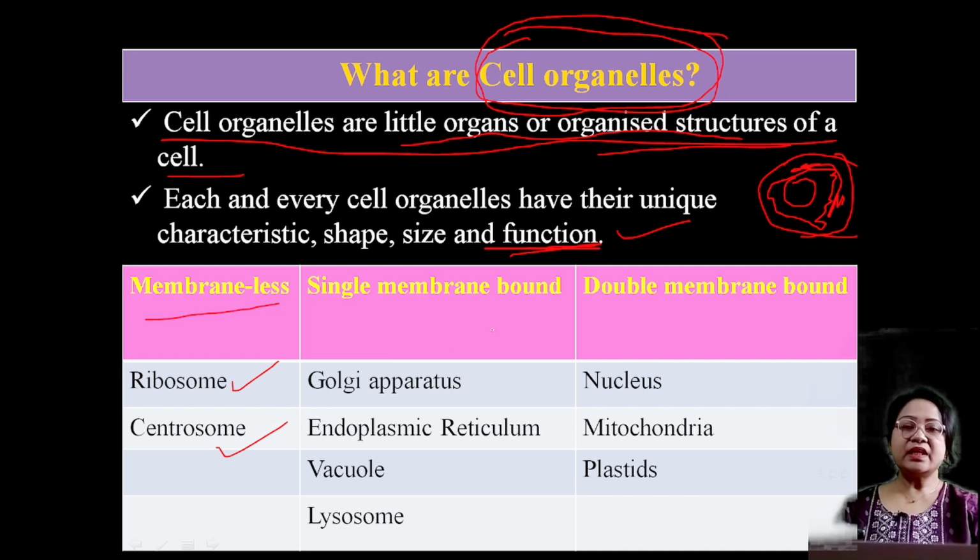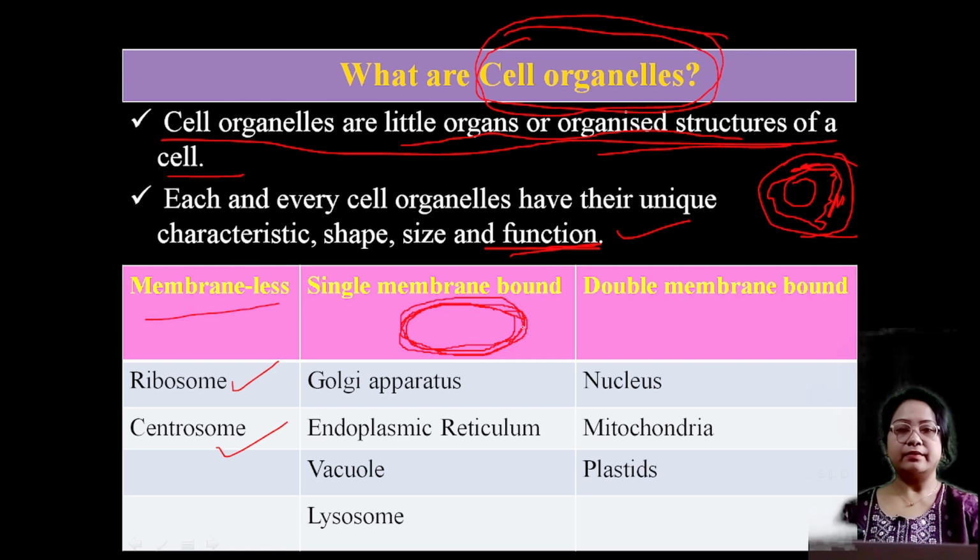Single membrane bound structures have only a single layer, and those cell organelles are the Golgi apparatus, endoplasmic reticulum, vacuole, and lysosome.